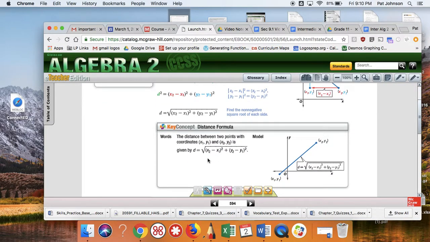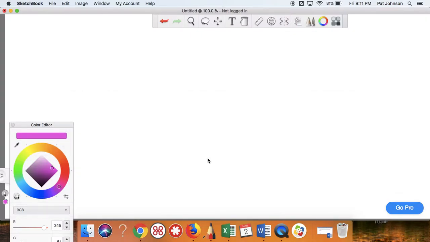Hence this is our distance formula, and this is one you have to memorize: distance equals the square root of (x2 minus x1) squared plus (y2 minus y1) squared.